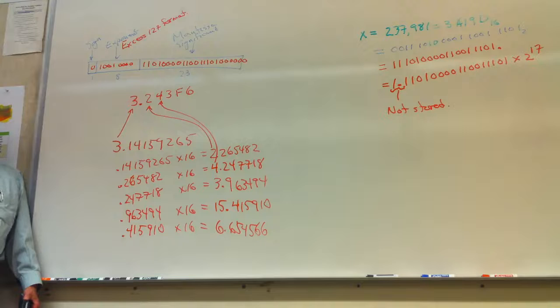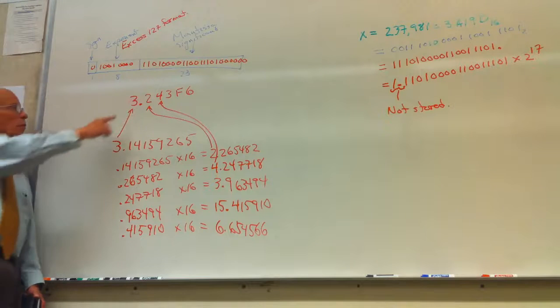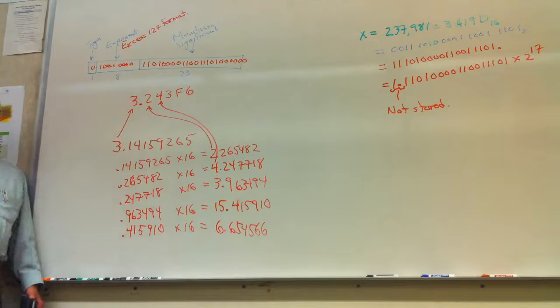So I need no more than 6 hexadecimal digits. Well, maybe a little bit more, because this one may not actually occupy the full 4 bits. So typically, if you go until you have 7 hexadecimal digits, you've got all you need.